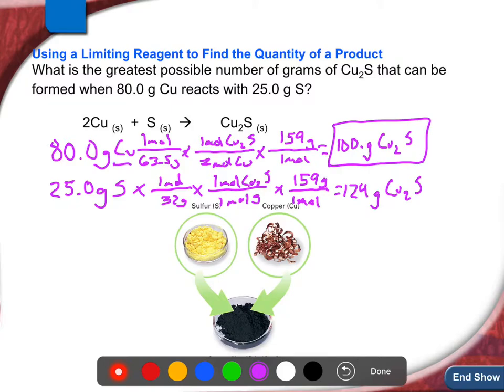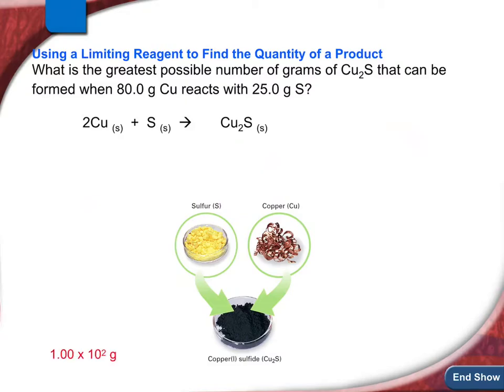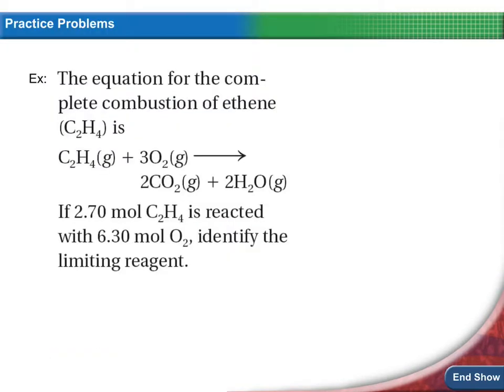That means that copper is your limiting reactant, and this is the maximum amount you can make. The copper limits how much you can make because it is the one that will get totally used up. All the copper is going to be used. You'll have some sulfur left over, but every bit of the copper will be used.